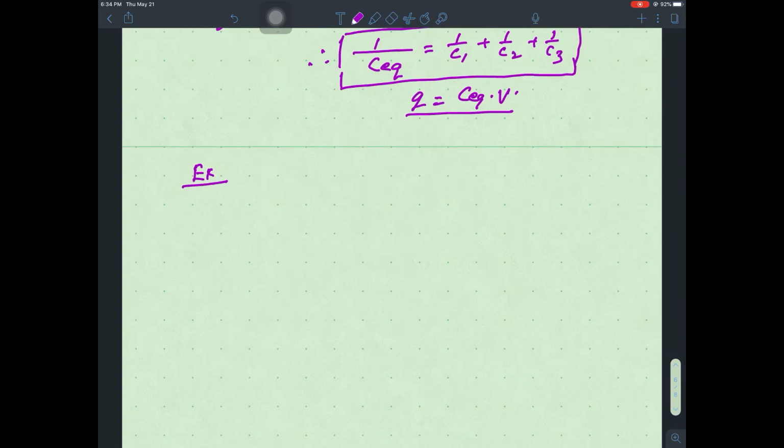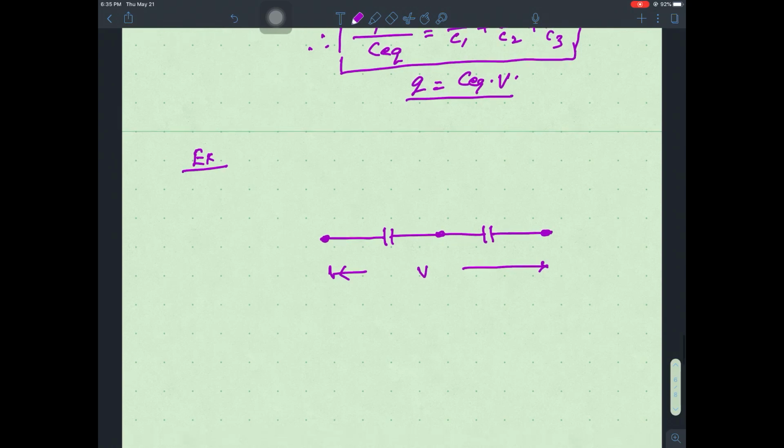Suppose there are 2 capacitors, one capacitor here and another capacitor here, and the potential drop is V. The graphical representation of this potential drop is given in this way: here is the potential and here is the capacitance that we are taking.